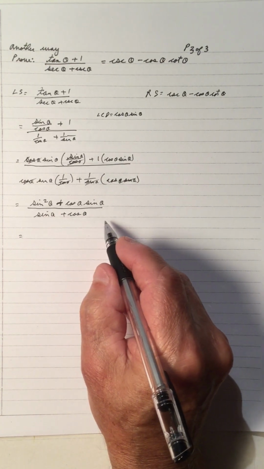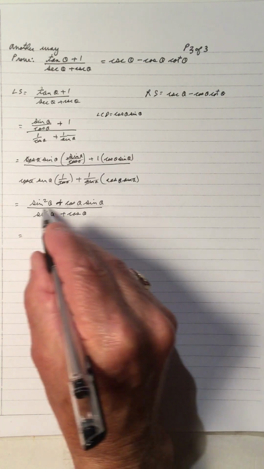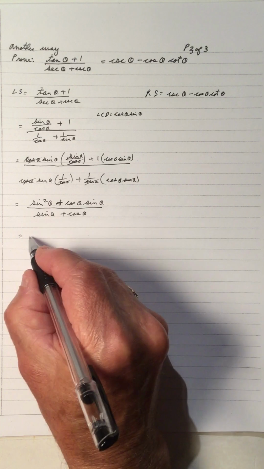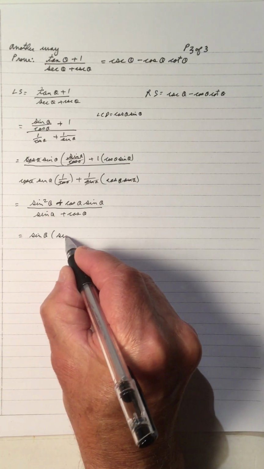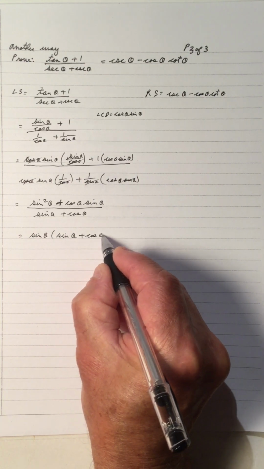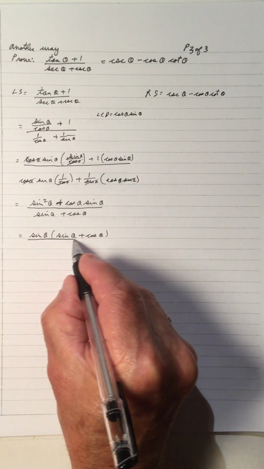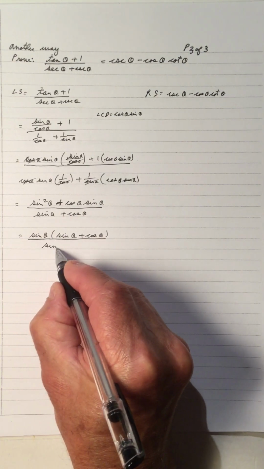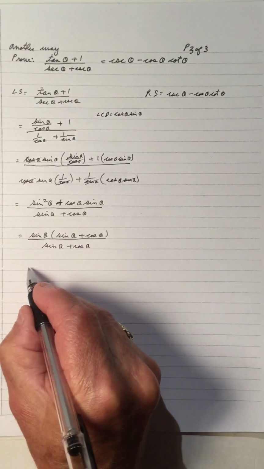And on the numerator, I see sine is common, so I factor the sine theta out. So I get sine theta plus cos theta. Sine is common, so I take it out. And this is sine theta plus cos theta.